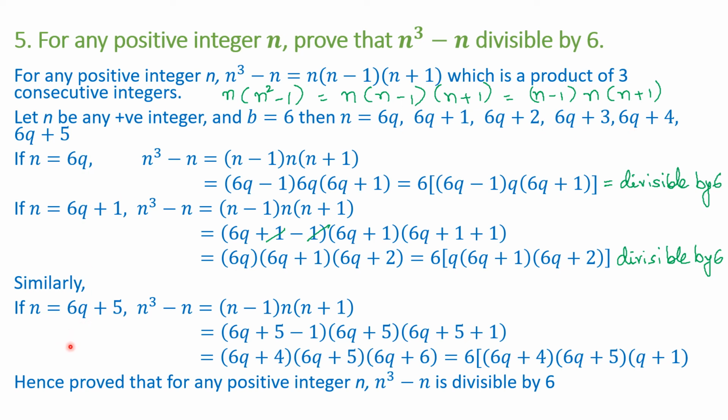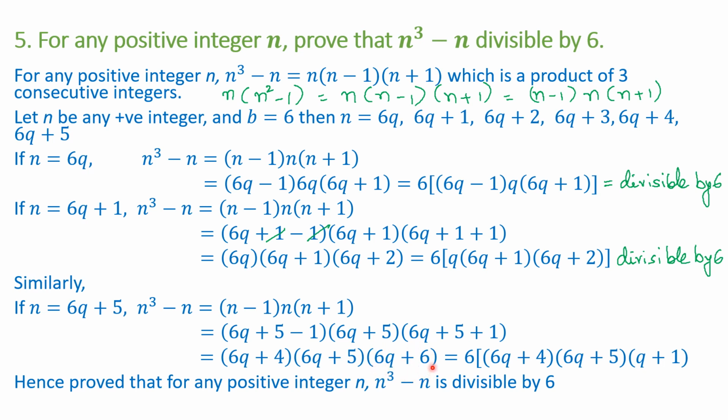Let me show the last one, that is if n is equal to 6q plus 5. Then n cube minus n is equal to n minus 1 into n into n plus 1. So I will write down n minus 1, meaning 6q plus 5 minus 1, into n, which is 6q plus 5, into 6q plus 5 plus 1. When I further simplify, this is going to be 6q plus 4, 6q plus 5, 6q plus 6.